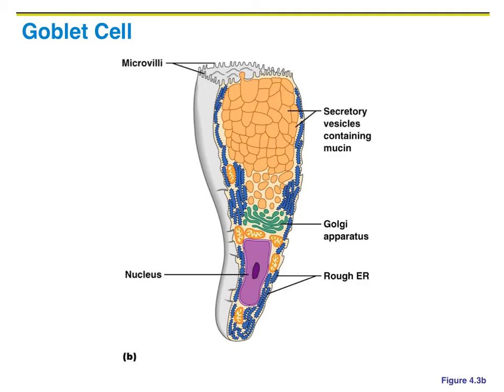The mucin will dissolve in water to form mucus, which helps to protect and lubricate surfaces. The Golgi apparatus is a very important organelle to goblet cells, in that it is needed to package the mucin contained in the secretory vesicles.